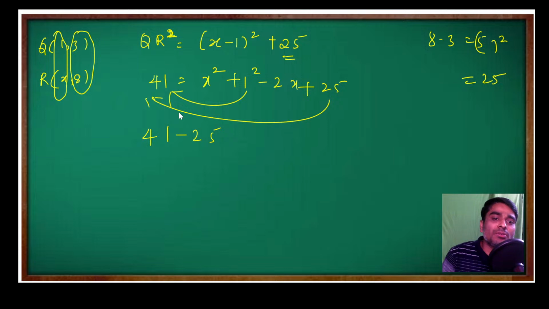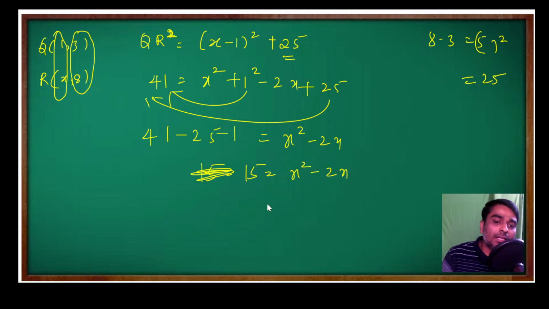Shift this 1 also here. 16 minus 1 equal to x square minus 2x. What is this now? 41 minus 26, 15. Is it not 15? Take this 15 that side directly. 15 equal to x square minus 2x.